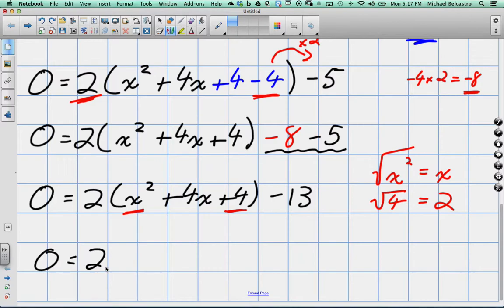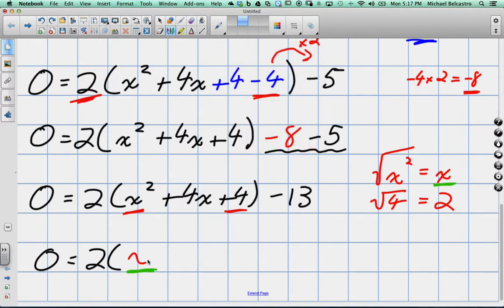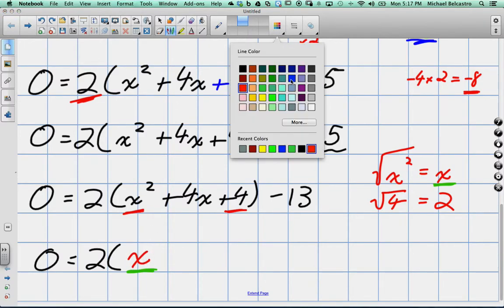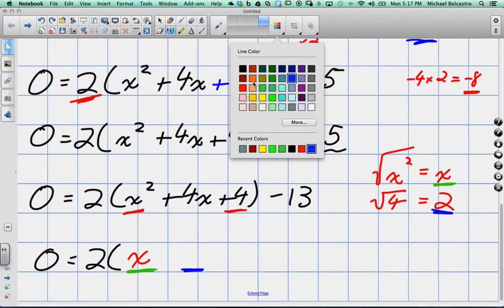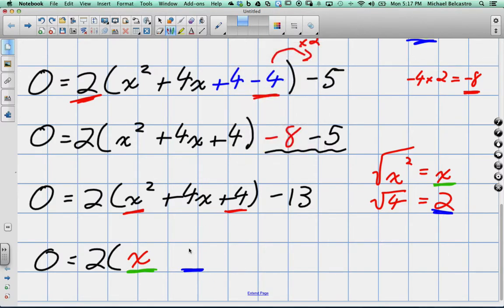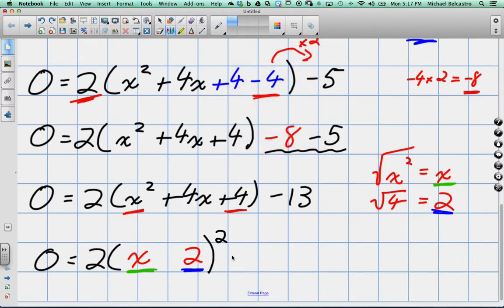0 equals 2. My first number here, which was this term, is the variable x. That'll be the first term in the brackets. So I guess I'll put it in red. X. The second term in the brackets will be the 2. Put it in red. It's 2. And technically I have a squared outside.